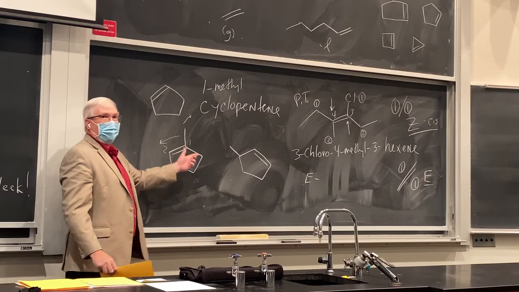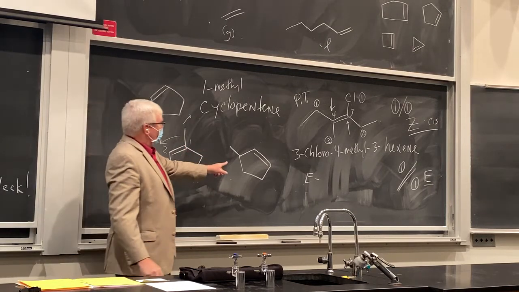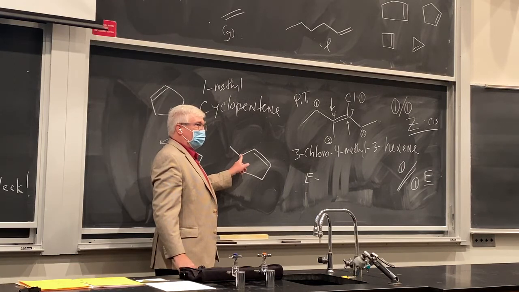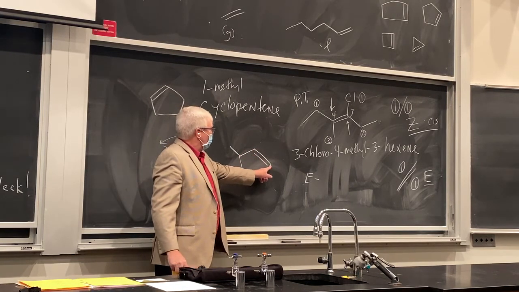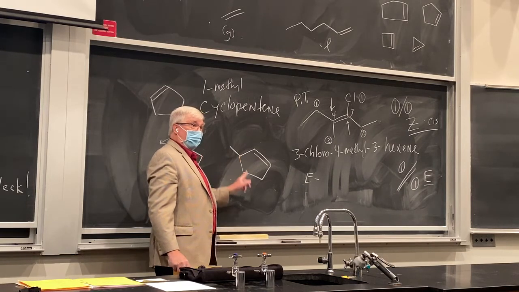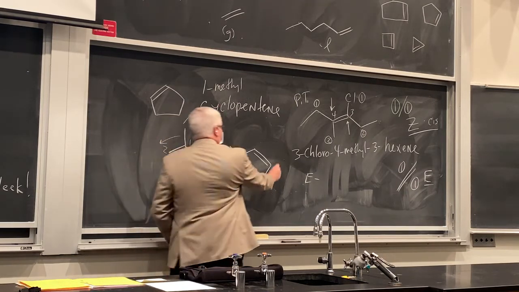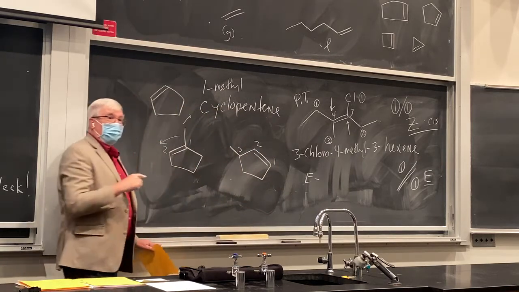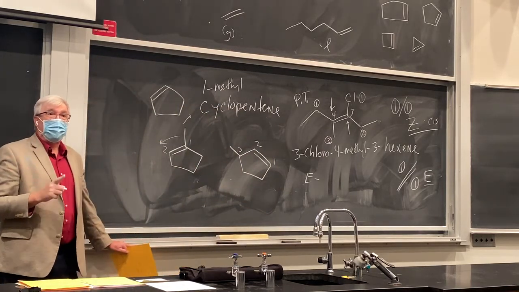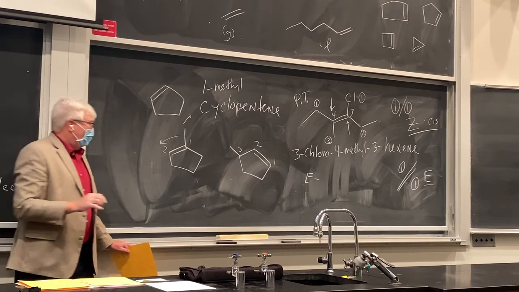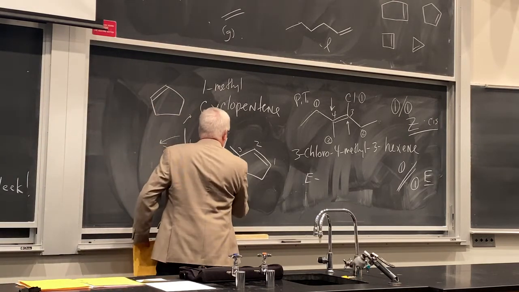We just number the other way. What about this then? Is this 1,2-methyl cyclopentene? Or what do we need to do here? 1, 2, 3. Is it 3-methyl cyclopentene? Yeah. So 1, 2, 3. We have to number through both carbons of the alkene first, regardless of what substituents we have on there. So this is 3.